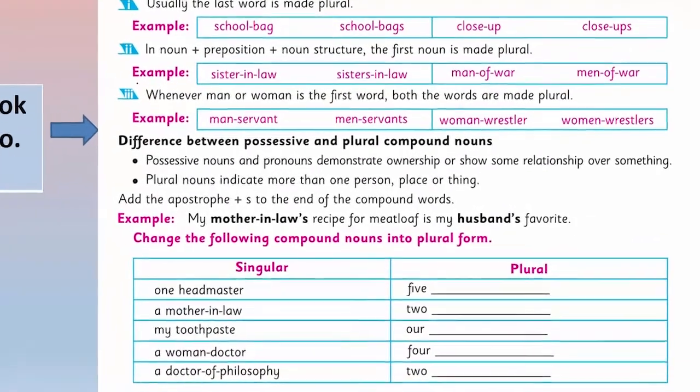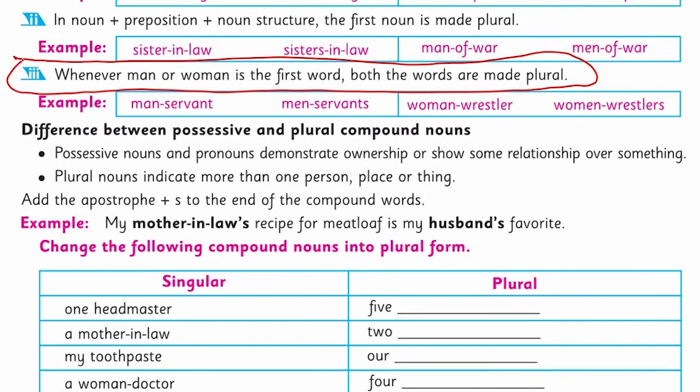Now look at the third formation of compound nouns. Whenever man or woman is the first word, both words are made plural. In such a singular noun, when we have man or woman, we will not only add to the second noun, but we will also make man and woman plural too, just as man is singular and men is plural.